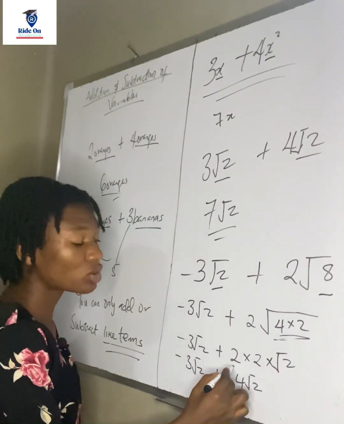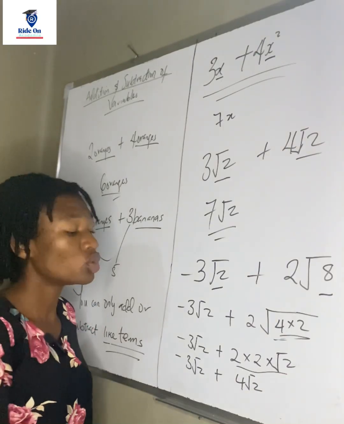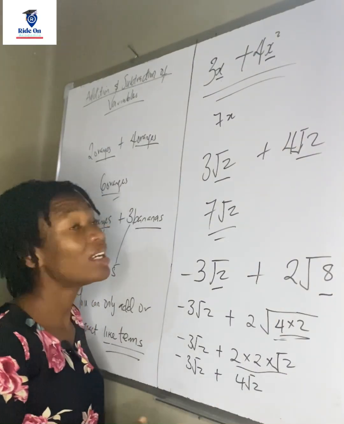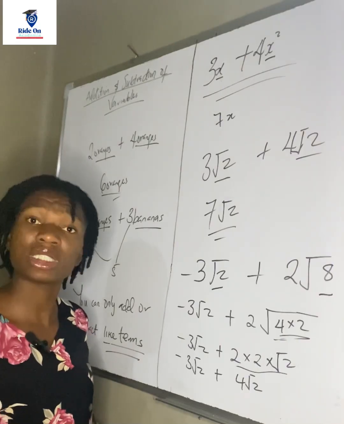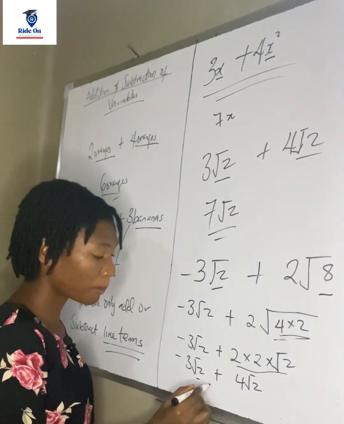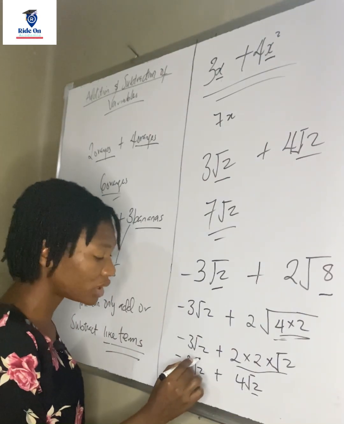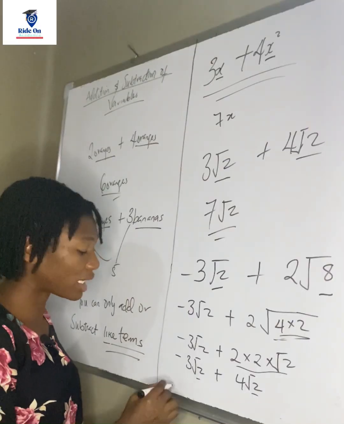I just did something that involves multiplication here, which we'll be looking at in our second video, where we'll see how we multiply when it involves variables or surds. So this is it, 4 root 2, and now we have the same terms, the same surds. This is root 2, this is root 2, and then you can now add.